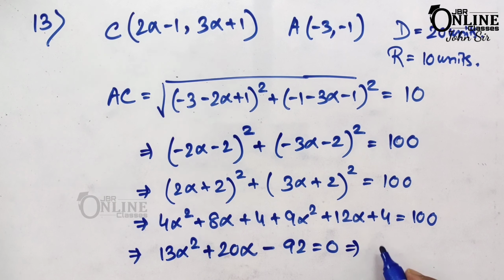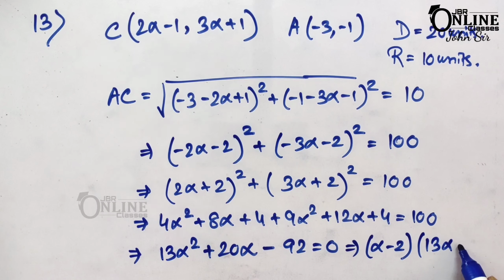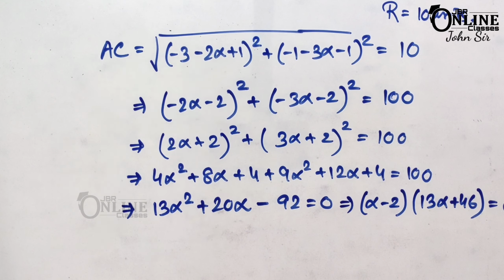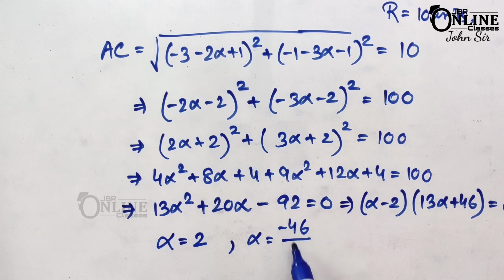Now if you factorize this equation by the middle term factorization method, you will get alpha minus 2 into 13 alpha plus 46 equals 0. So from that you can easily write alpha equals 2 or alpha equals minus 46 by 13 as your answer.